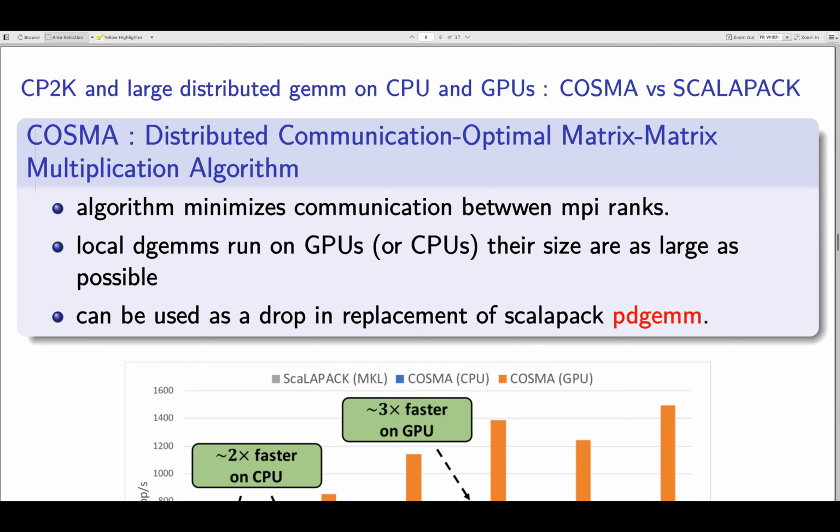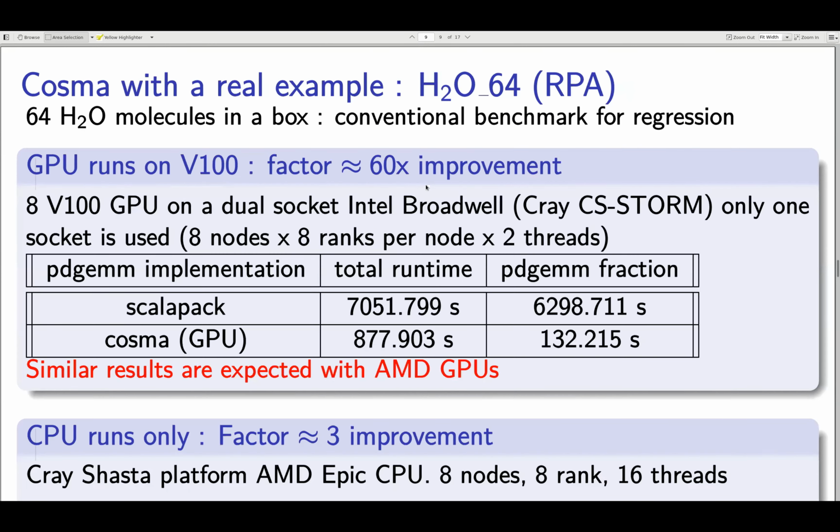Now, if you offload all DGEMM on GPU, then you improve the performance by a factor 3. Now, if we include that in CP2K and do some real simulation, you will get actually a much better performance improvement.